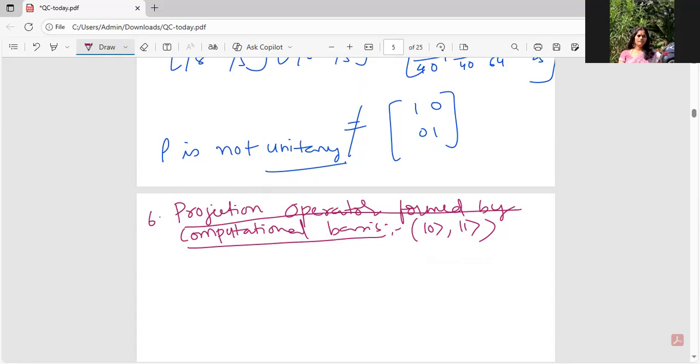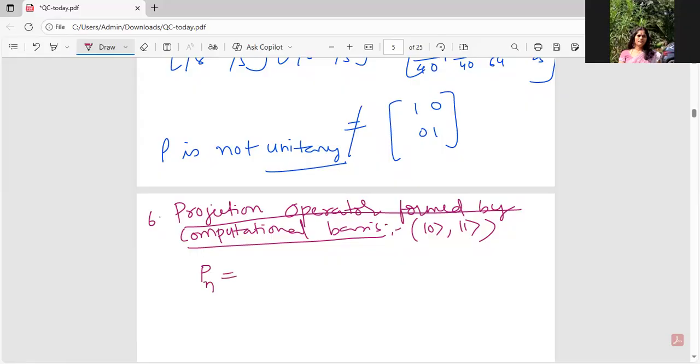How do I define projection operator? What are your computational basis? Ket 0 and ket 1, guys. What are projection operators? See, guys, projection operator usually is denoted by P. How is it defined?